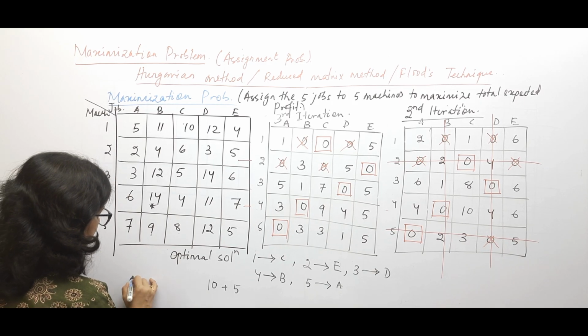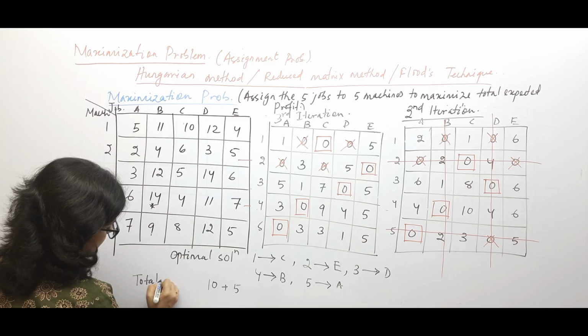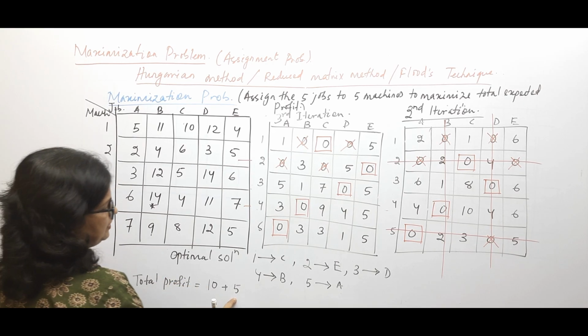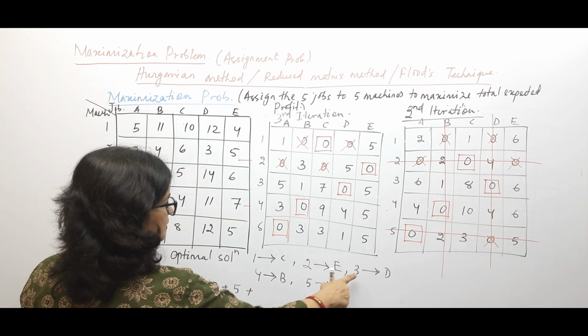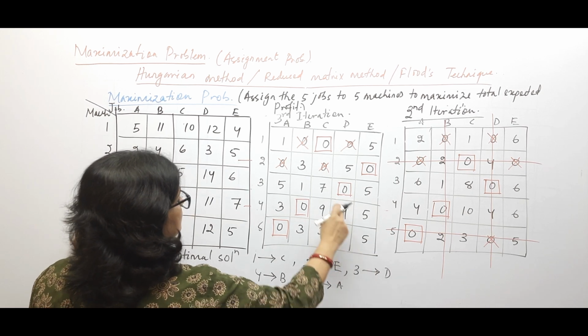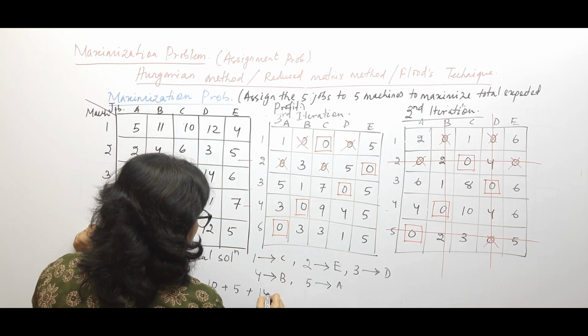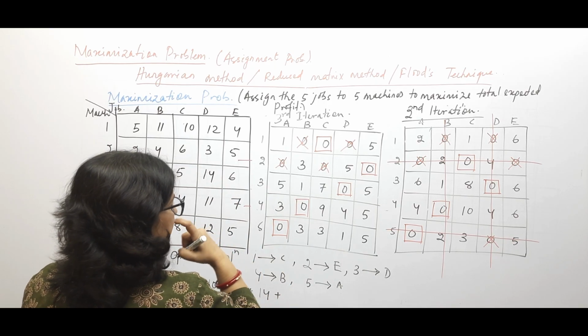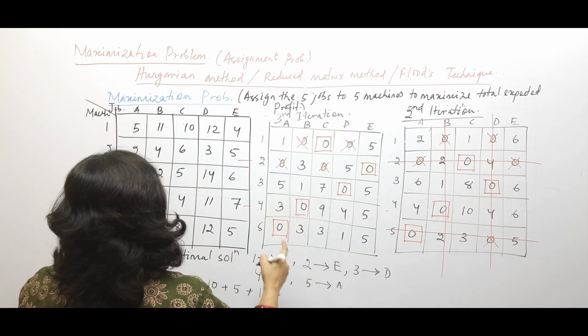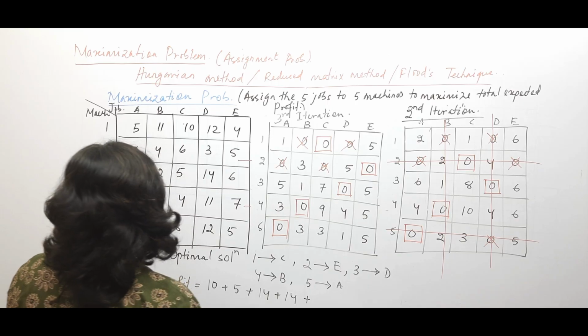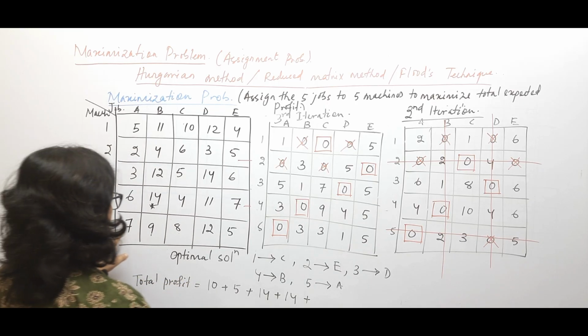So this is our total profit. 10 plus 5 plus. For 3, it is D. For D, we are having 14 plus. For 4, it is 14 plus. Plus for 5, it is 7.